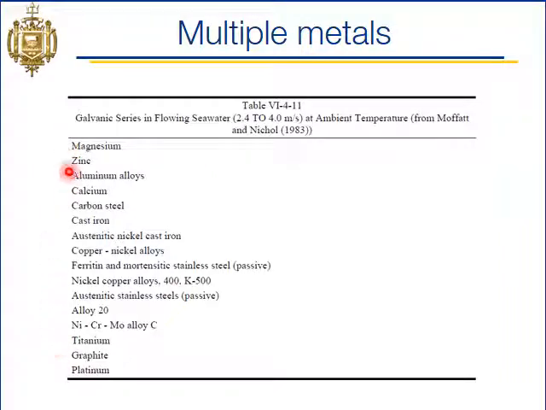So magnesium and zinc are probably pretty safe to put in seawater together and not see a lot of galvanic corrosion. Whereas if you put, let's say, calcium and platinum in salt water together, you'd see a lot of galvanic corrosion. So the closer they are, the less likely to see extensive galvanic corrosion, and the further apart they are in this list, the more likely.